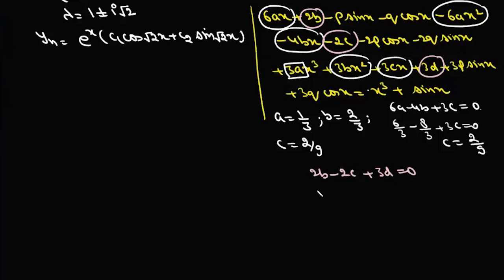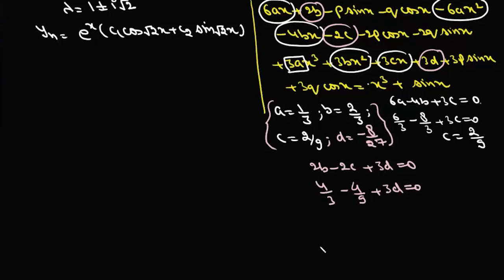Now 2b is 4 by 3 and minus 2c is minus 4 by 9 plus 3d equals to 0. Now this is 8 by 9. So value of d is minus 8 by 27. So we have a, b, c, d. Now we need to find the value of p and q.